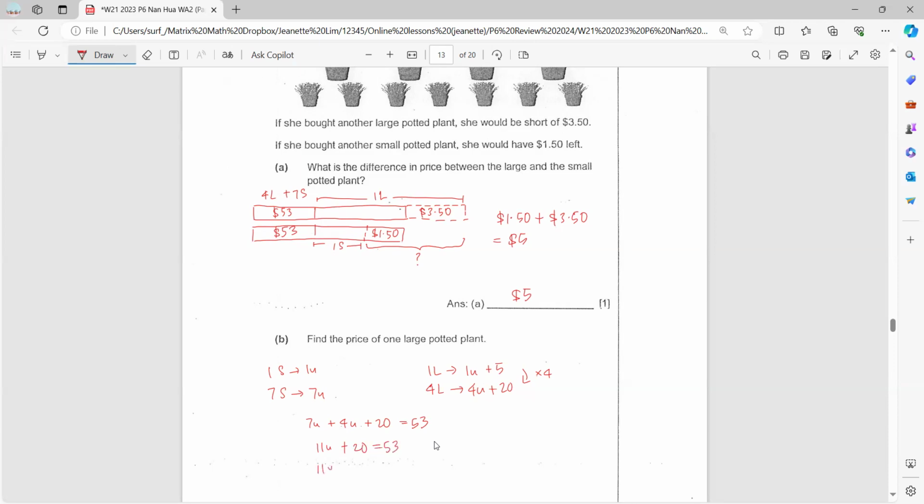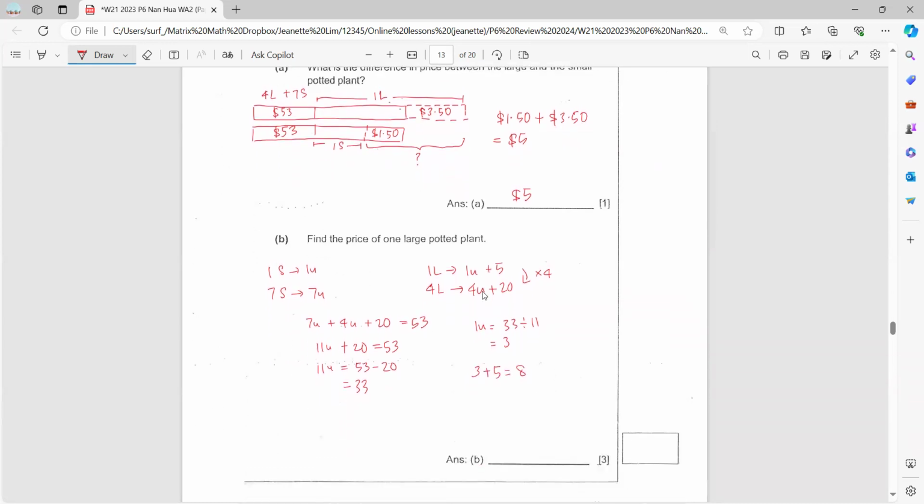What is 11 units? 11 units is 53 minus 20 equals 33. Then find 1 unit. 33 divided by 11, which is 3. What's the question? Find the price of 1 large potted plant. 1 unit is the price of 1 small. 1 large is 1 unit plus 5. So I'll take 3 plus 5. 8. So the answer is $8.